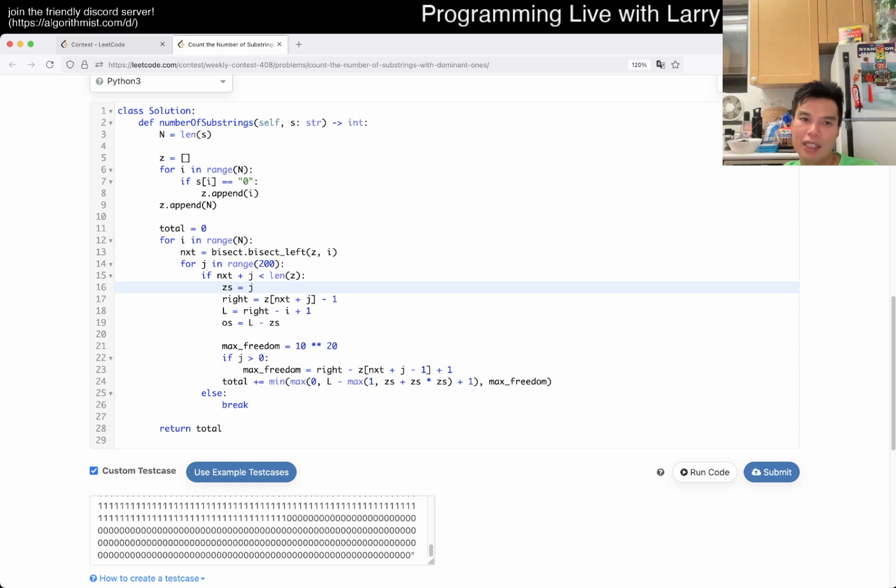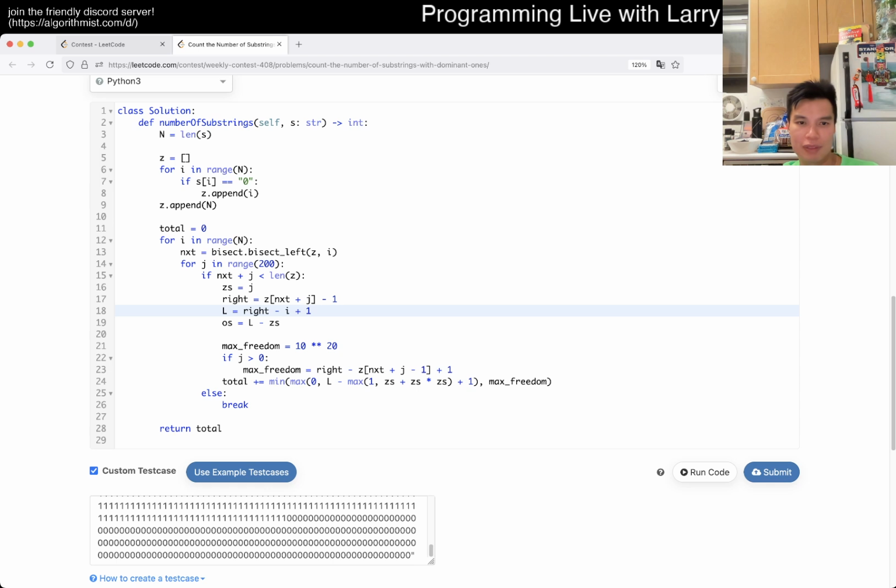Well, for i, we know that we have this thing, so max freedom doesn't change. The only thing that changes is i plus 1, right?